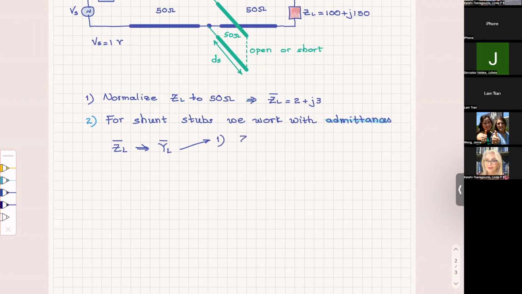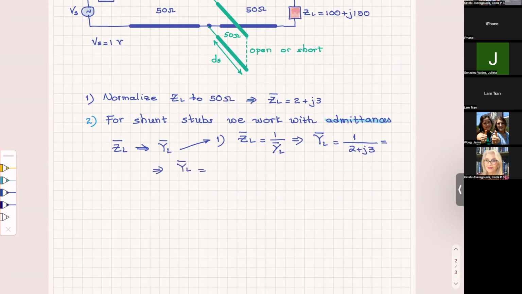One is to say Z_L is 1 over Y_L, which implies that Y_L is 1 over 2 plus j3, which implies Y_L.